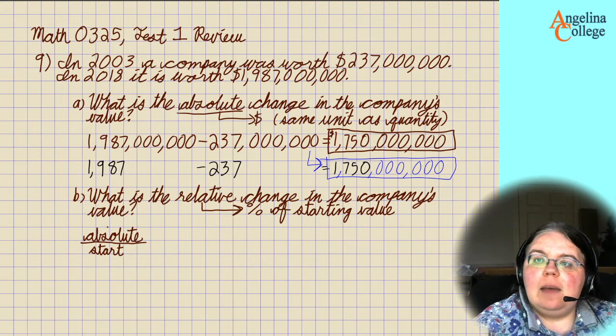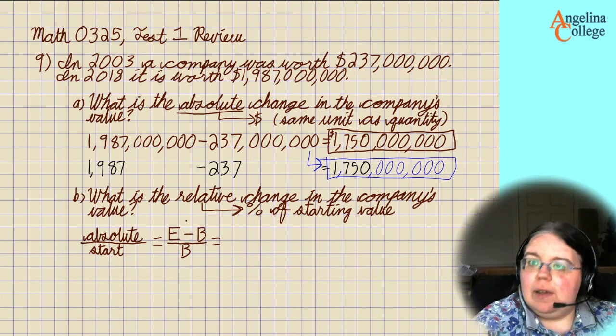Now remember, this absolute change is found by taking the end value and subtracting the beginning value. So another way you might see this is end minus beginning divided by beginning.